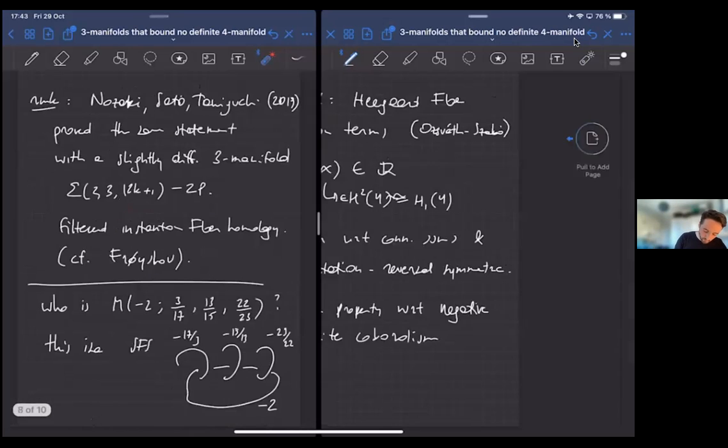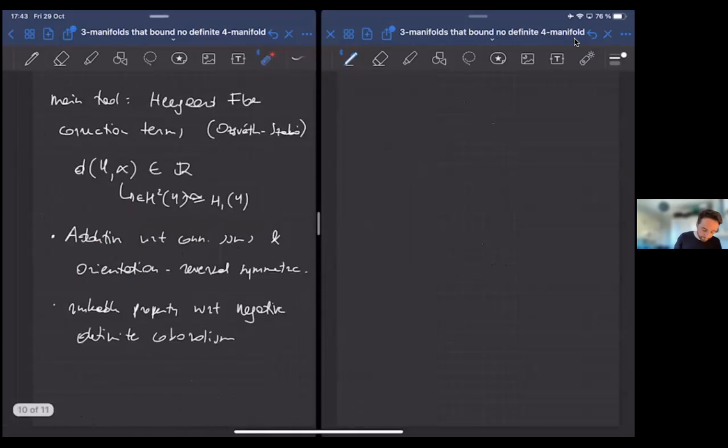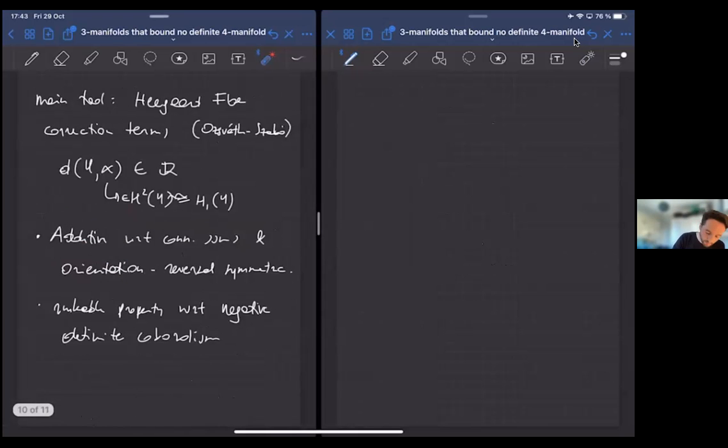So what we prove with them is a proposition, or maybe theorem.